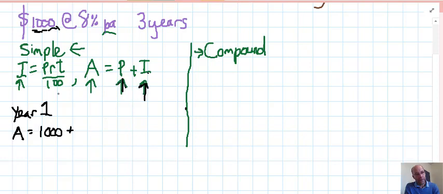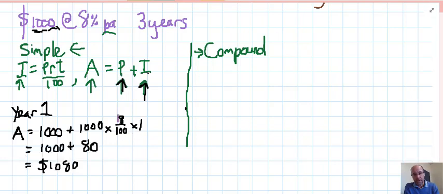In 1 year, we've got 1,000 times 8 over 100, because that's your 8%. You could call it 0.08 if you like, times 1 year. So we've got the 1,000 that you started with plus $80 of interest, and then we've got $1,080 owed after year one.